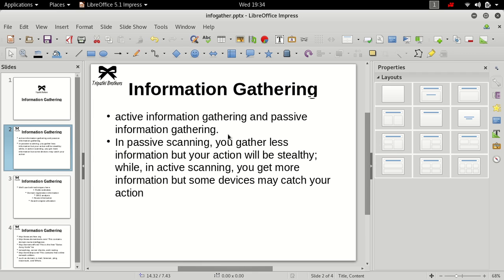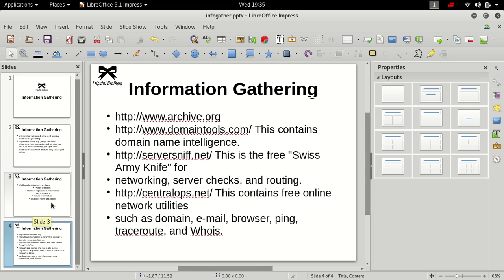You will have to get information like the IP address and the DNS server they are using, and whether they are using any security hardware like a firewall or web application firewall, and many other things which are required to hack any target. All these things are covered in information gathering techniques.